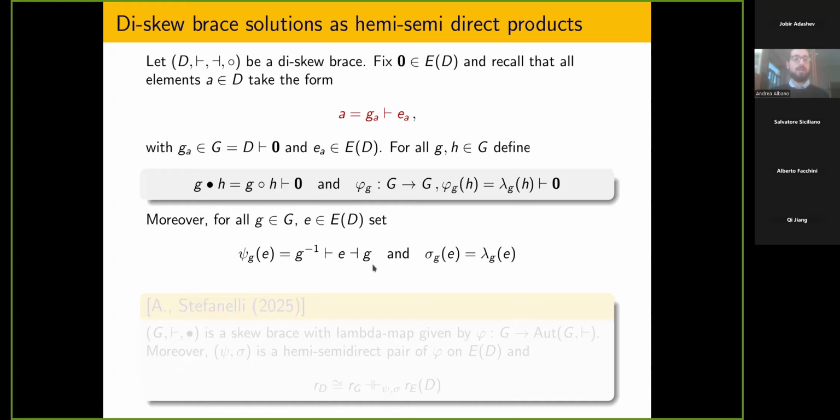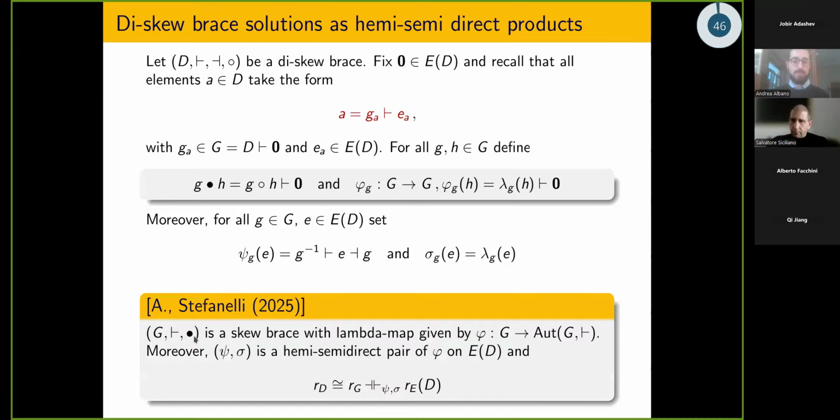Recall that we have a right action, psi_g, that acts on E from the right in this way. And for all g, define this map here, sigma_g, which is basically the lambda action from the groupal component on the idempotent set.